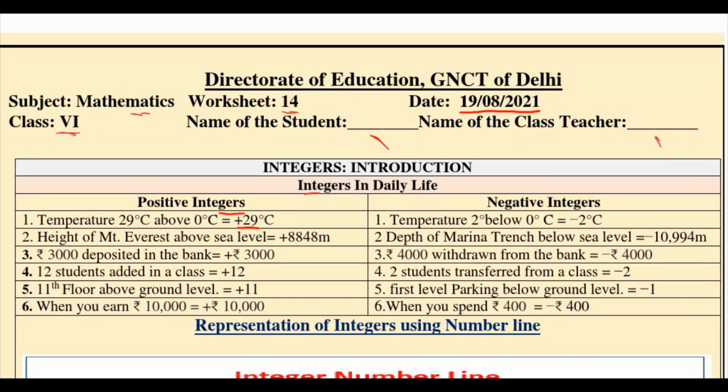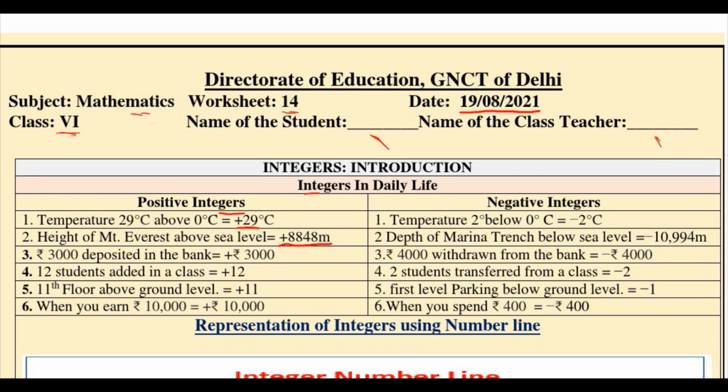Second one, height of Mount Everest above sea level, 8,848 meters. Now you need to keep one thing in mind with positive integers. We use this plus sign and then write the amount of meters, the number.